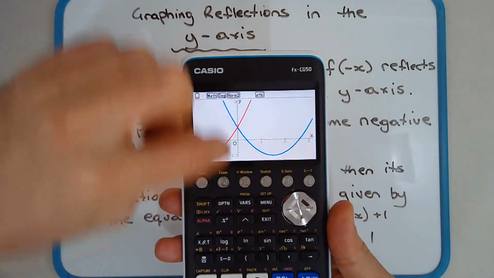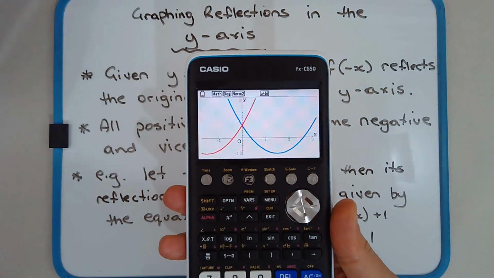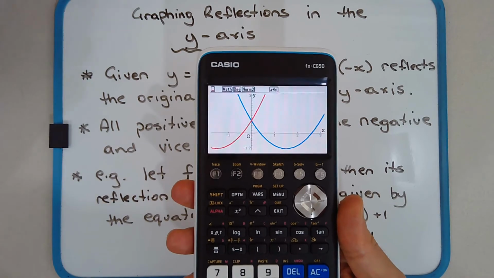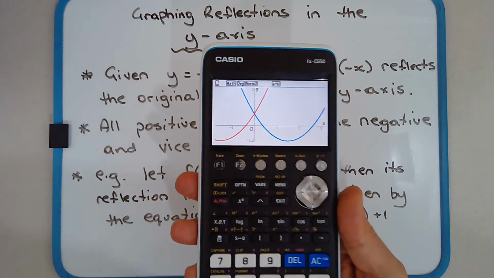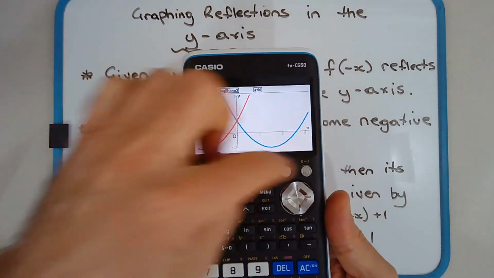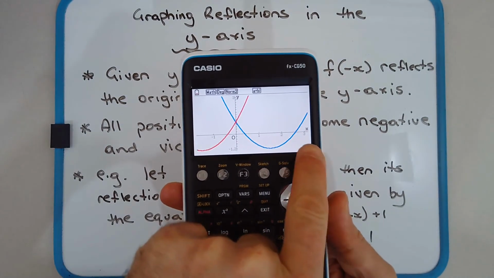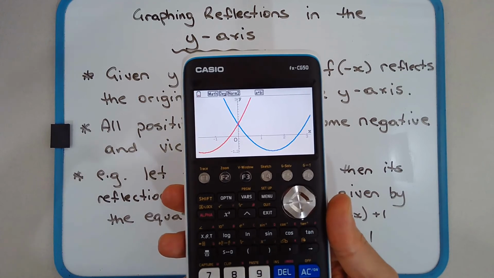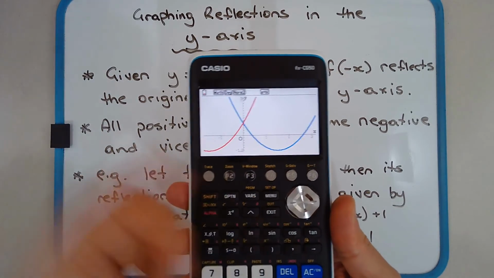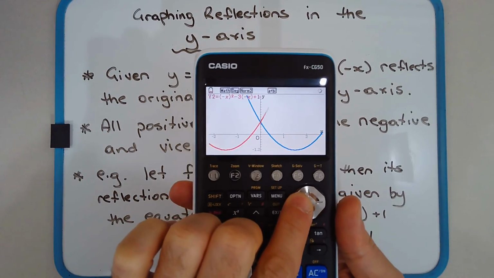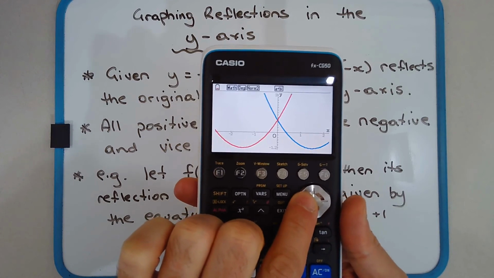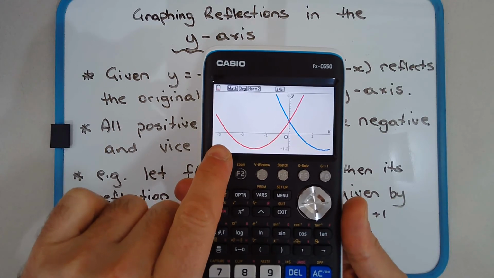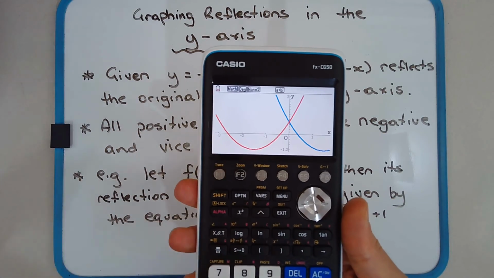Notice that anything on the y-axis itself, obviously if the x value is 0, then reflecting 0 just stays as its own point. But any other point, for example this point here, that's just after positive 2.5. Its reflection is basically the same distance away from 0, but it's around negative 2.5 thereabouts.